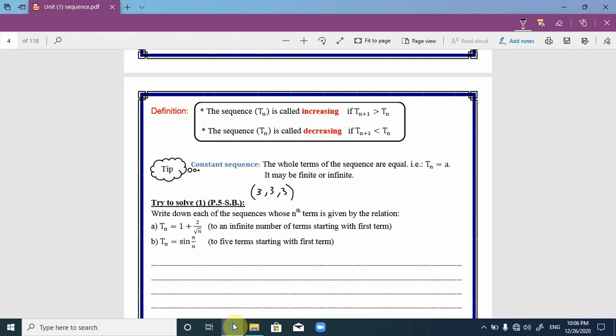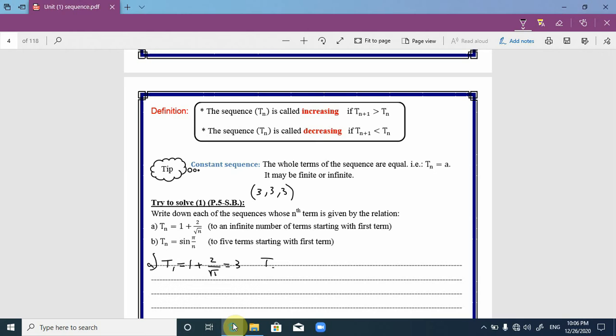Let's see. For the first term, substitute n with 1. It will be 1 plus 2 over root 1. Root 1 equals 1, 2 over 1 equals 2, plus 1 equals 3.